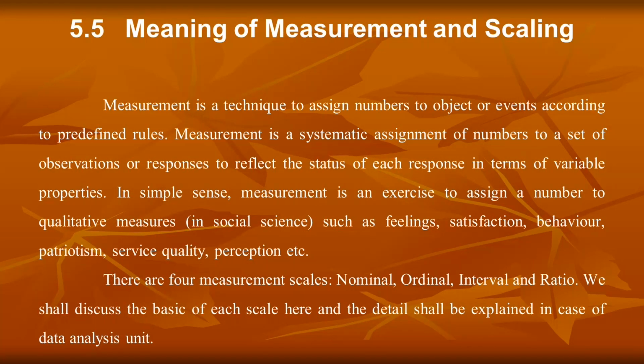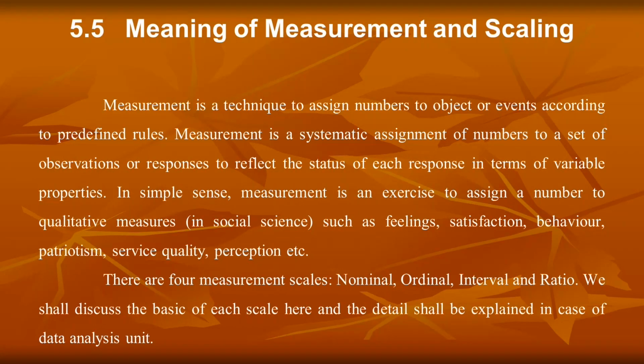There are four scales: nominal, ordinal, interval, and ratio. We shall discuss the basics of each scale here, and the detail shall be explained in case of data analysis unit.